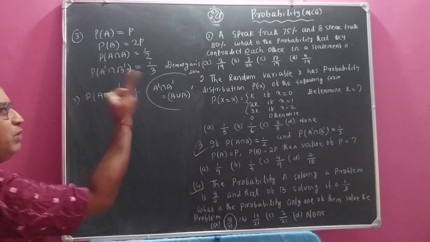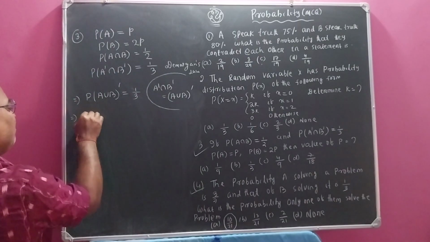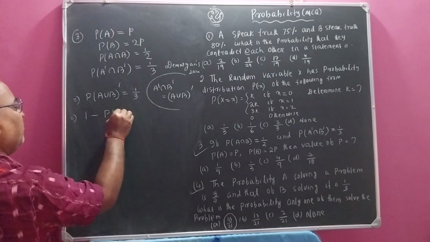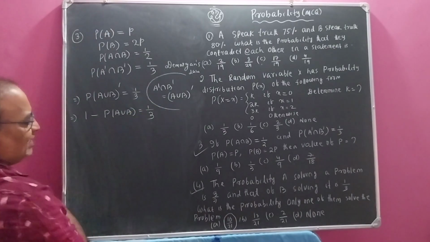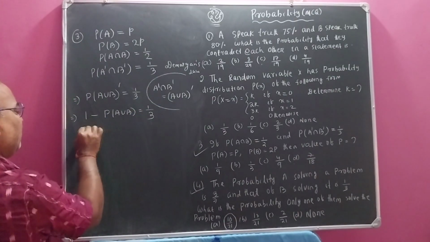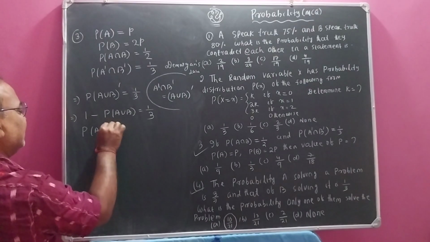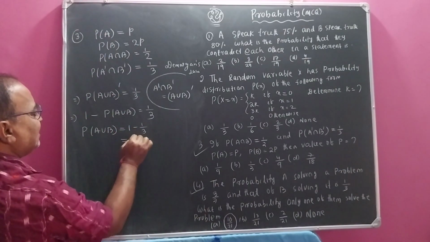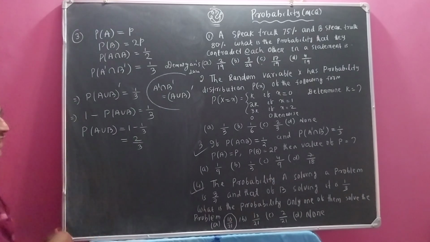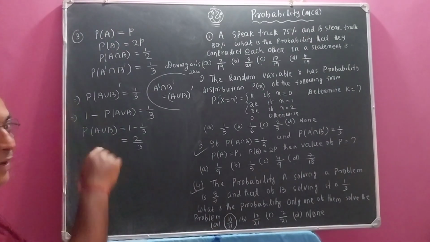Probability of A union B whole dash means 1 minus probability of A union B is equal to 1 by 3. So probability of A union B is equal to 1 minus 1 by 3, that is 2 by 3.